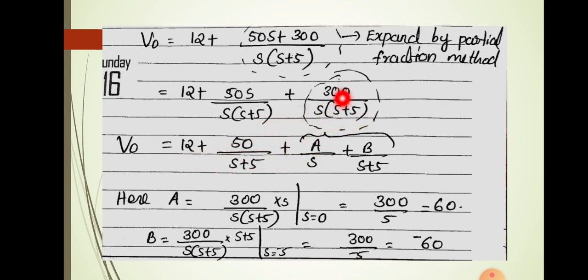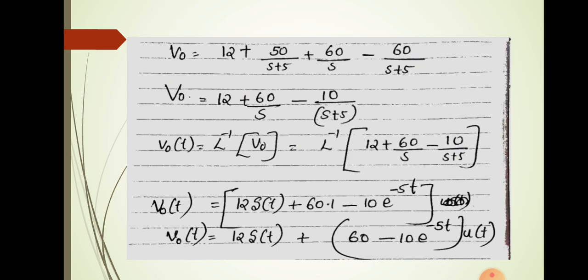So you will get this quantity written as A by S plus B by S plus 5. Here you can find the A value and B value. This is the step for finding A. This is a simple procedure. A will be 60, and similarly you can find the B value. B will be minus 60. I am not going into the details because I have discussed this procedure in many videos, so you can go through it easily. Okay, so finally you will get V0 equal to 12 plus 50 by S plus 5 plus 60 by S minus 60 by S plus 5.